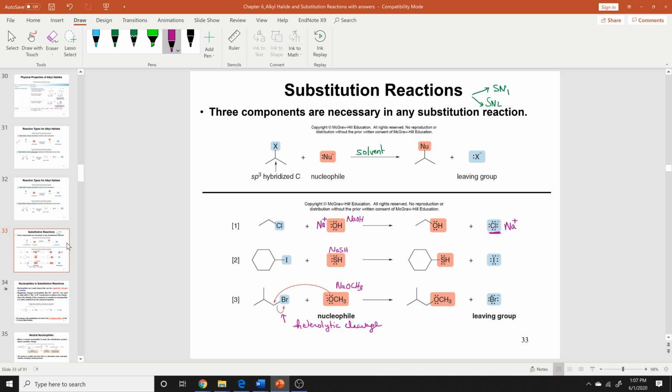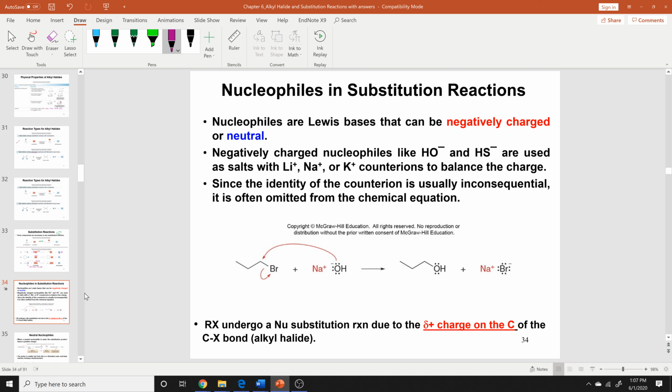The type of each one of them will determine what mechanism I'm going to go by. So let's go with the general explanation of nucleophiles. Nucleophiles can either be negative charges or they can be neutral. If they are negative charges, they are very, very strong nucleophiles. If they are neutral, they are weak nucleophiles.